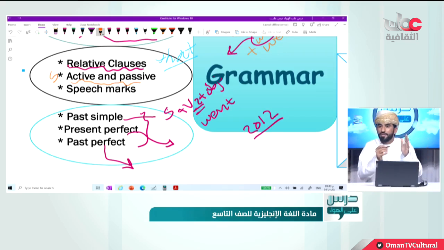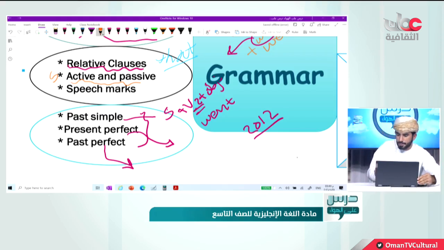What about the action that happened after the first one? Must be in past simple, exactly. And I don't want to draw this, but let's say you've got the future, and there is now, and there is the past. I'm going to use another color.